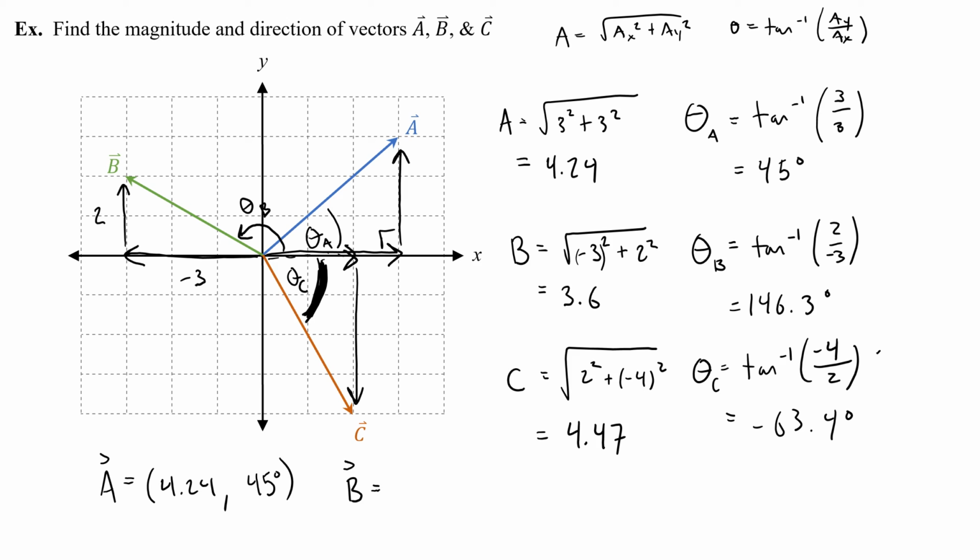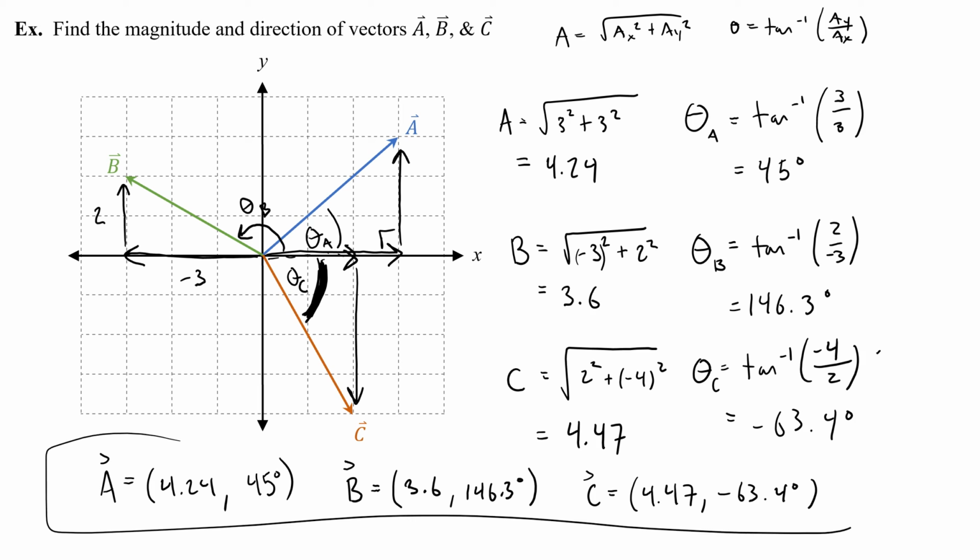B equals the magnitude of 3.6 at 146.3 degrees. And C equals 4.47, comma, negative 63.4 degrees. So these are all ways to say that you've found the vectors A, B, and C.